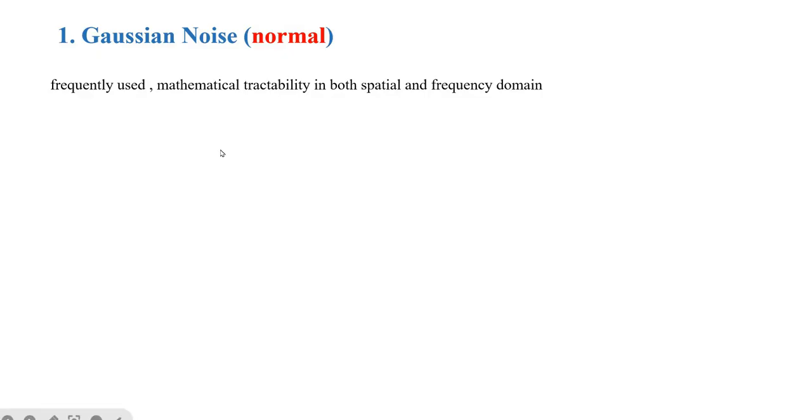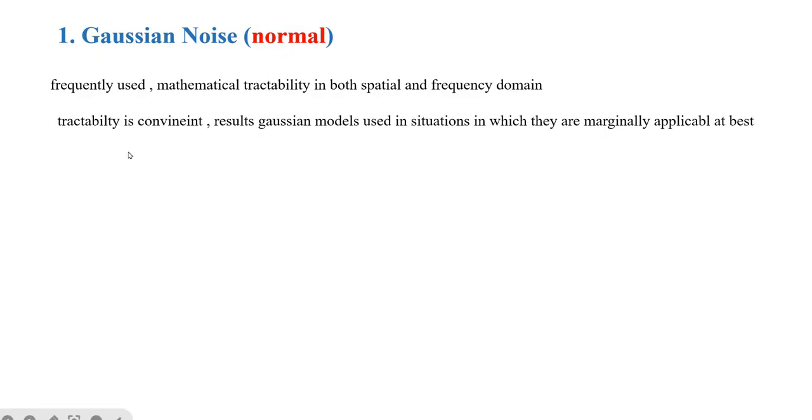It is very convenient, so it often results in the Gaussian models being used in situations in which they are marginally applicable at best. That is, the Gaussian models are easy to work with, and people prefer them even when they are not the best fit for the data.